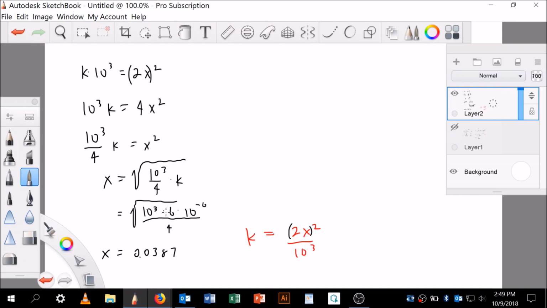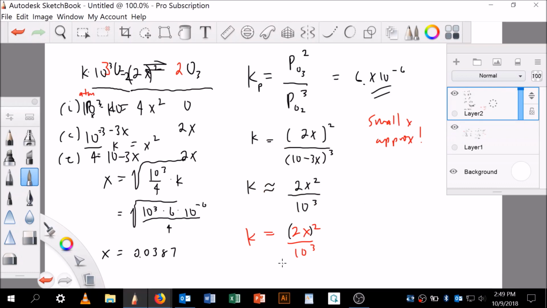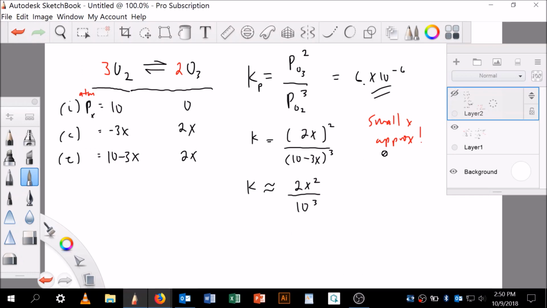Now let's go back over to our first layer, and I'm going to write this on the first layer too. x is equal to 0.03879, right? Oops, I put it in the wrong layer.